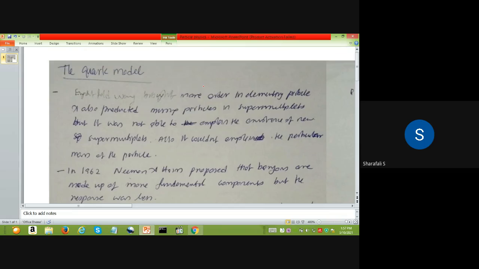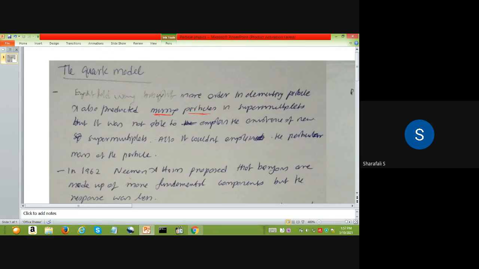The eightfold way brought more order to elementary particles. Also, it predicted some missing particles that we already discussed in the last class. Using that eightfold way method, it was able to predict some elementary particles which were not known at that time, for example, the omega minus.